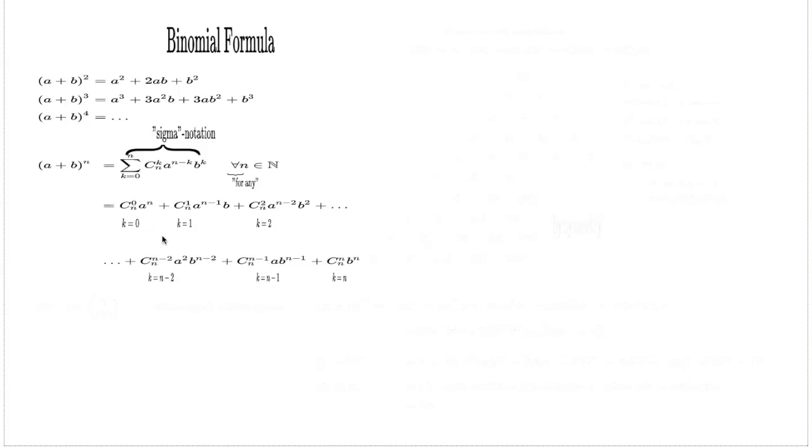Now these C's which you see here, here, here, here, are called binomial coefficients, and there are a few ways we can write them. There are a few notations for this.